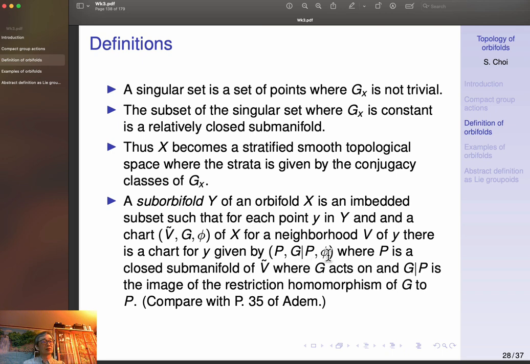This is a restriction of ψ to P again, where P is a closed submanifold of Ṽ and G_P is the image of the restriction homomorphism of G to P. The restriction map may not be a monomorphism, but you still have to restrict it to this P, and then you get another group. So in Adem et al., for example, they require this restriction homomorphism to be injective, but we do not require that here. That's what I did differently from them.